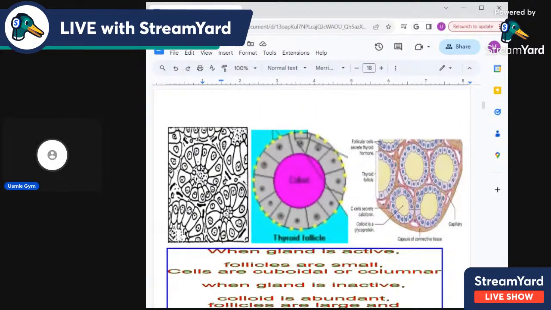But in the inactive state, the cells become cuboidal or flat, and the follicle becomes big because of the accumulation of colloid or thyroglobulin in it. So this is the follicle, a rounded structure surrounding a lumen, and it is composed of these follicular cells.